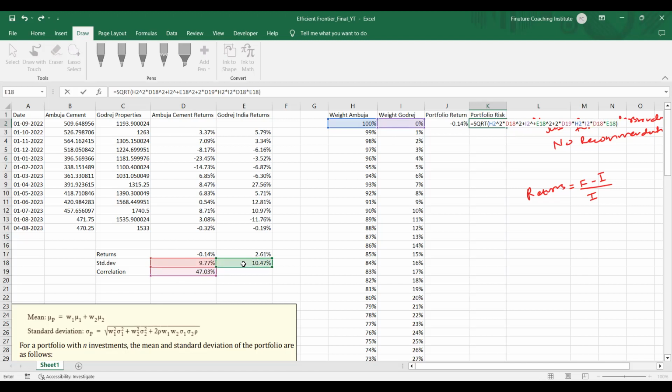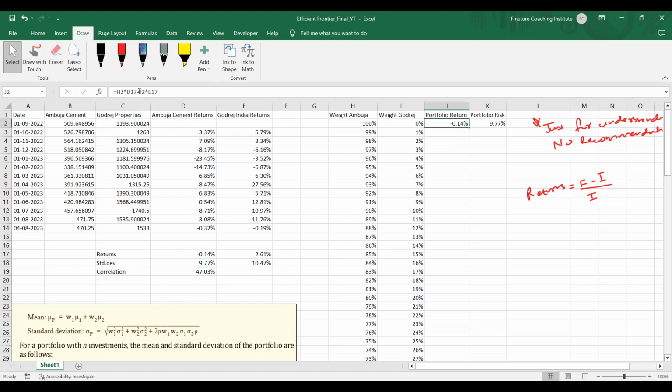I'll just close bracket. And if you notice, the standard deviation is also matching with standard deviation of returns of Ambuja Cement, because we have invested completely in Ambuja Cement and nothing in Godrej. So let me just freeze the returns and standard deviation of stock so that I can drag the formula.